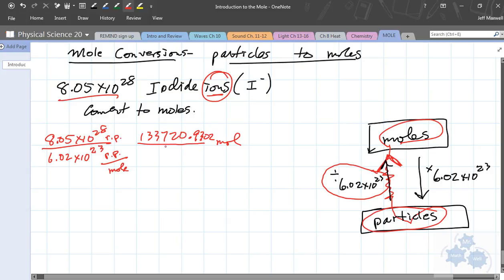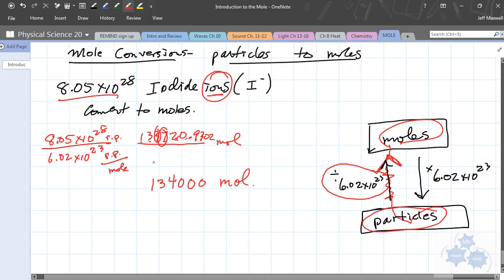And so that's how many moles we have, and of course we want to finish this properly. Significant figures. We have 3 significant figures, so you're going to write that as 1, 3, 4. 1, 3, round this to 4, and then fill in the zeros until the decimal place. 1, 2, 3.